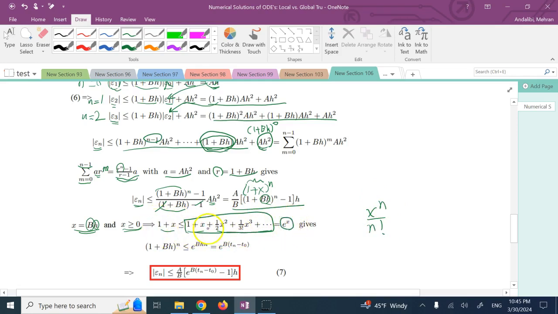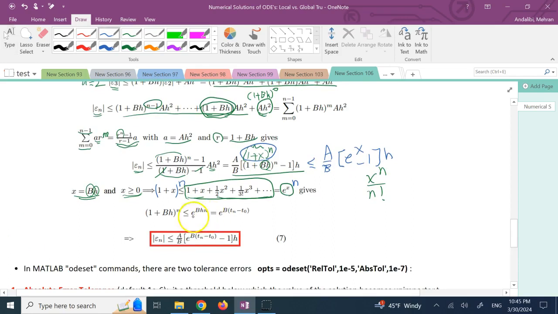So I can say 1 + x is less than exponential of x for a positive x, and now it's time to raise both sides to the power n. And so that is this guy, which is less than or equal to a over b times basically exponential of x minus 1 times h, right?